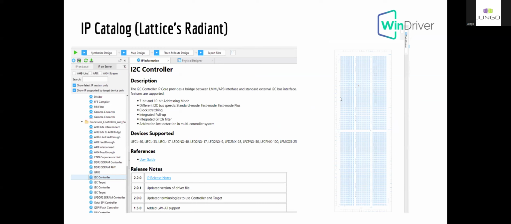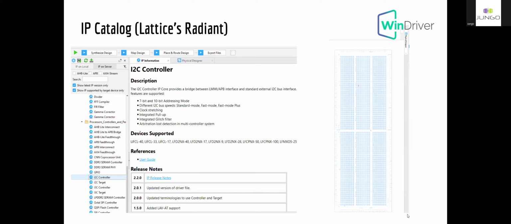This is an example from Lattice Radiant. We see here that there is an IP catalog, where you can choose the IP you want. In this case, it is the I2C controller. You have the I3C controller. You have the documentation for each one of them, and you should be highly familiar with each logic block and how you should utilize it.